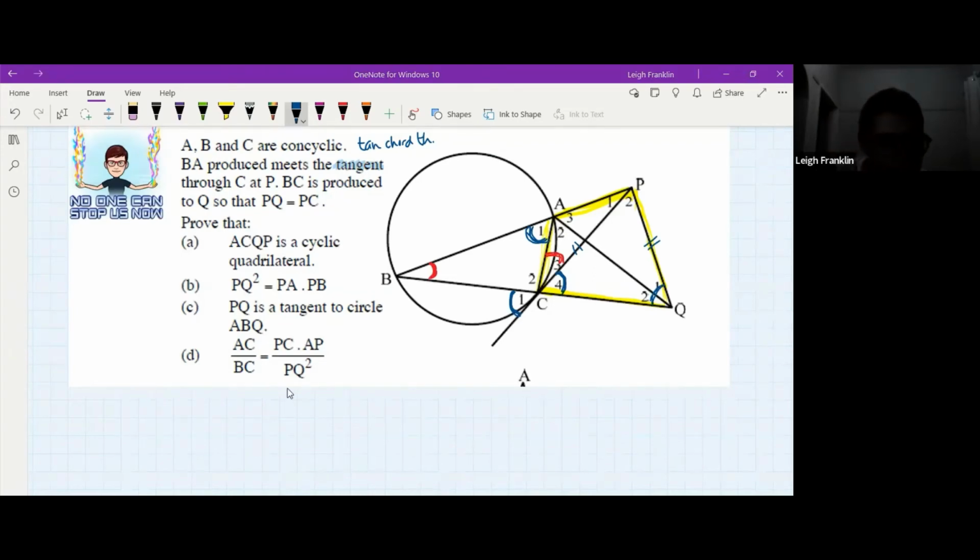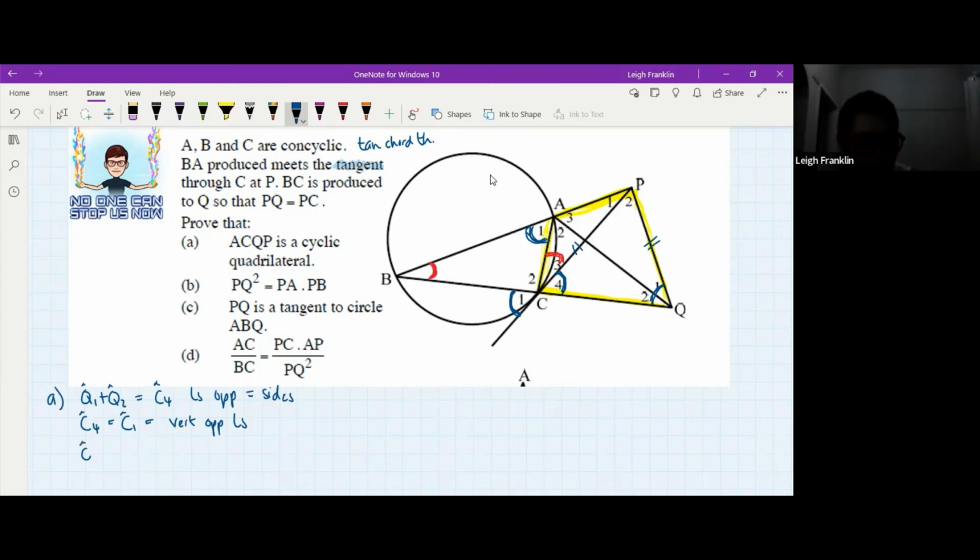All right, so part A, we've got Q1 plus Q2 equals C4, angles opposite equal sides. All right, then we said C4 is vertically opposite C1. C1 is equal to A1 because of tan chord theorem.